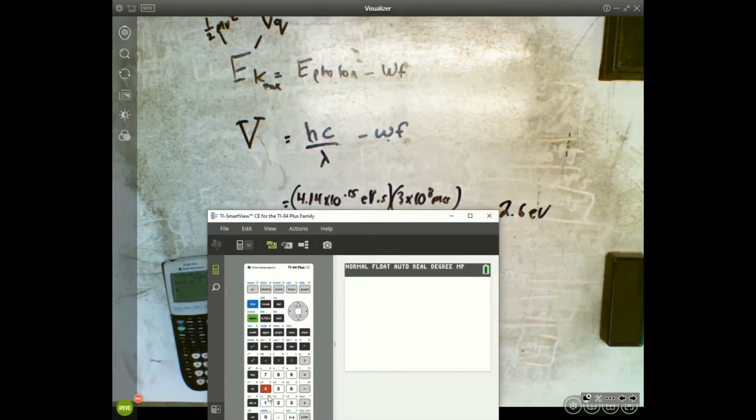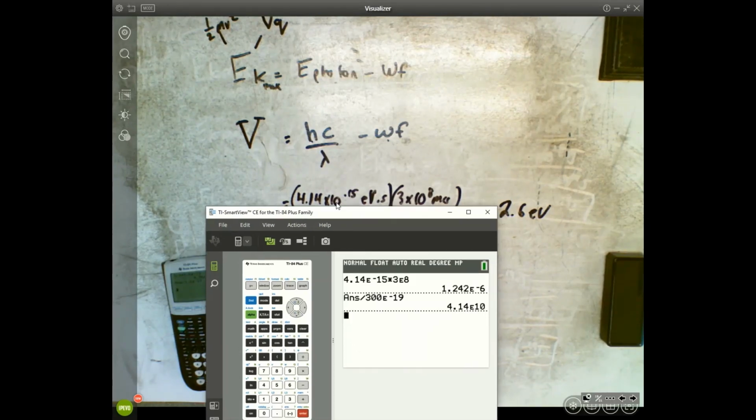It's right in the middle there, so I'm going to do it in chunks. 4.14 times 10 to the negative 15. And I multiply that by the speed of light. And I divide it by our wavelength of 300 times 10 to the negative 9 meters. So this is my energy of my photon.